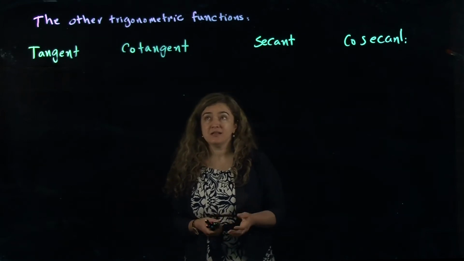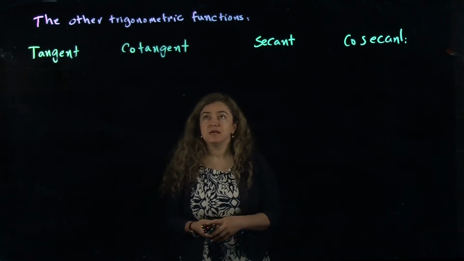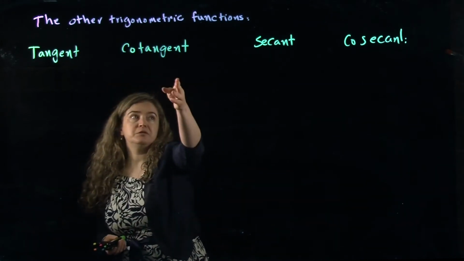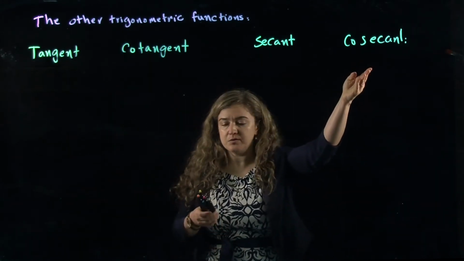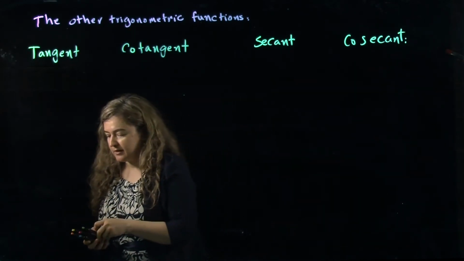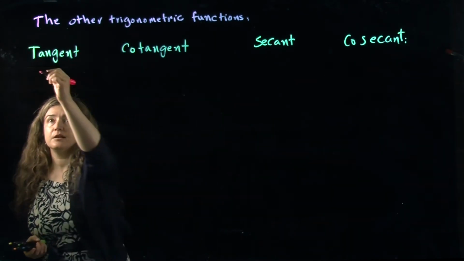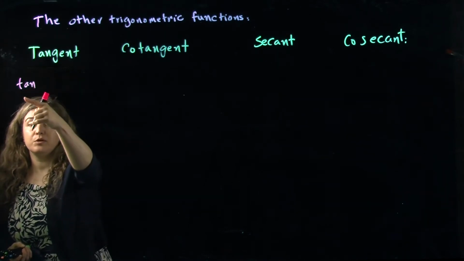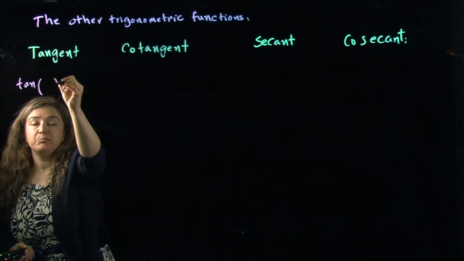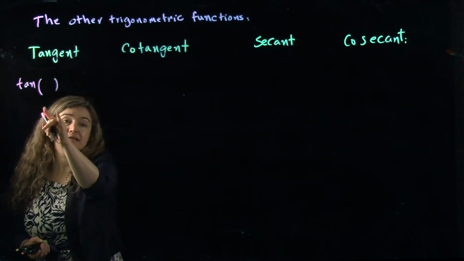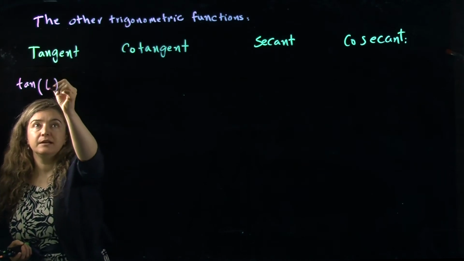So let's discuss in this video the other trigonometric functions: tangent, cotangent, secant, and cosecant. What is tangent? Tangent of t, we show it with tan, big parentheses, because tangent is a function, as were sine and cosine.